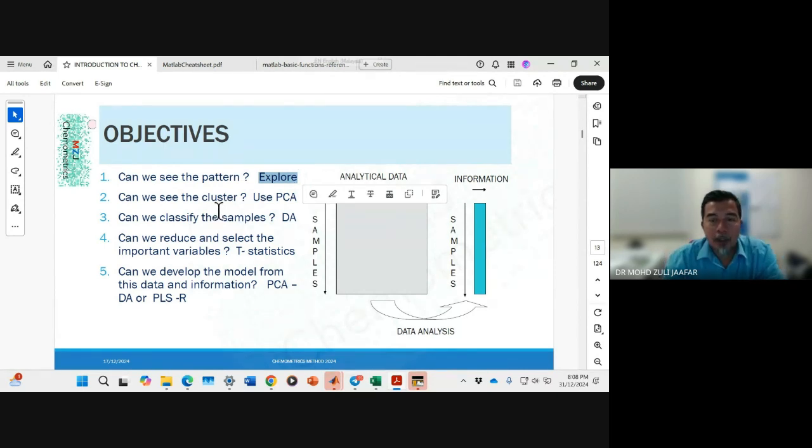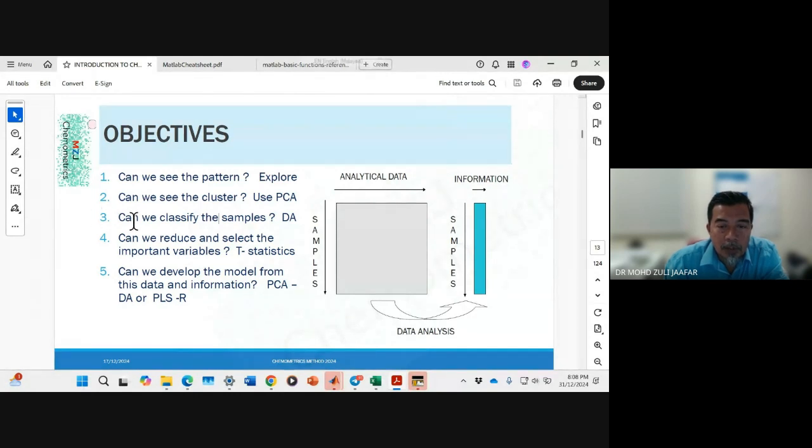If you want to see, is there any cluster? Is there any group? Is there any class of the data set? You can use PCA or some other cluster analysis, like dendrogram.